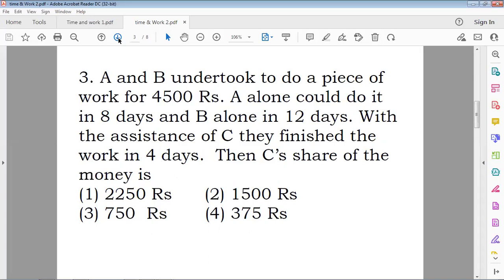A and B undertook to do a piece of work for 4500 rupees. A alone could do it in 8 days, B alone in 12 days. With the assistance of C, they finished the work in 4 days. Then C's share of the money is. First you have to find C's unit work, then we will divide in the same ratio as A, B, C, whatever unit work comes, that is efficiency, that is 1 day's work.